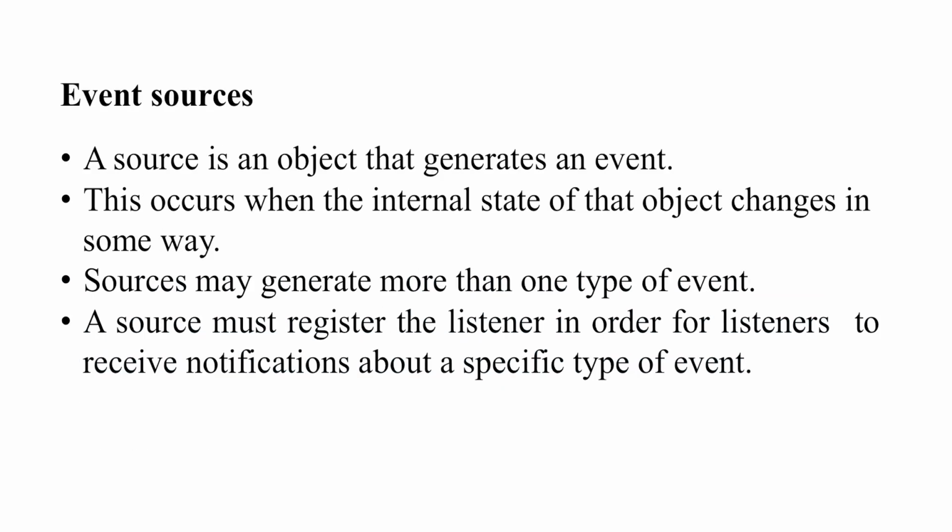Event sources. Sources can generate more than one type of event, and a listener must register with the source to get notification about a specific type of event. When it receives it, it responds and then returns, that means it gives a response.